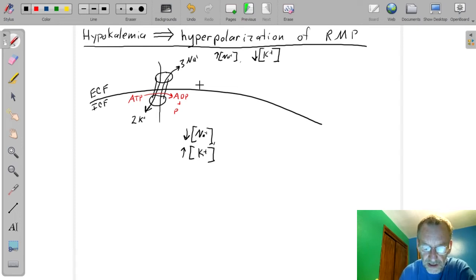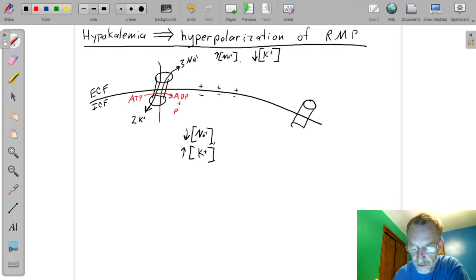Okay, and then let's put in our charge. And let's put in our potassium leakage channel, because that's the critical part of this story. And potassium is leaking out.